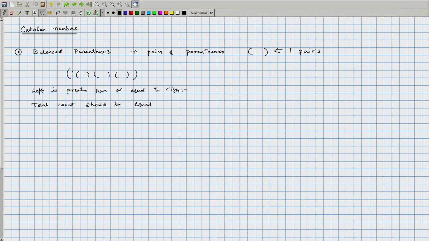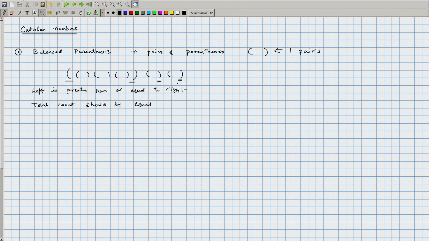Here at the start there is 1 and the number of left is always greater, except at the very end where they become equal. Now, if you take this, here the count, left minus right, becomes 0 at this point, and 0 again here, and finally when the full expression is read, at that point also it is 0.